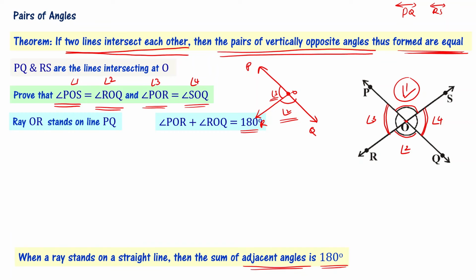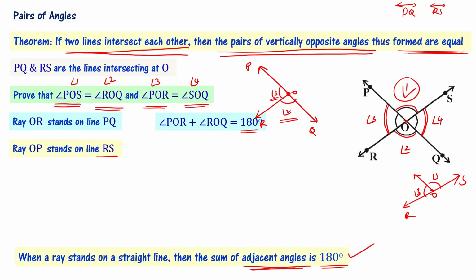Now, look at this. Ray OP is standing on line RS. I have line RS here, and OP is standing on it. Angle 3 is here and angle 1 is here. Their sum also has to be equal to 180 degrees, because they are adjacent angles on a straight line.